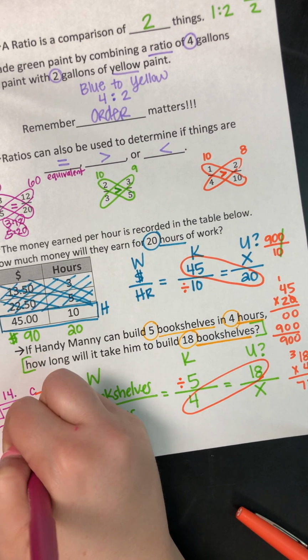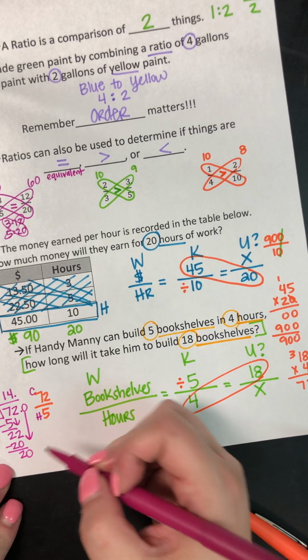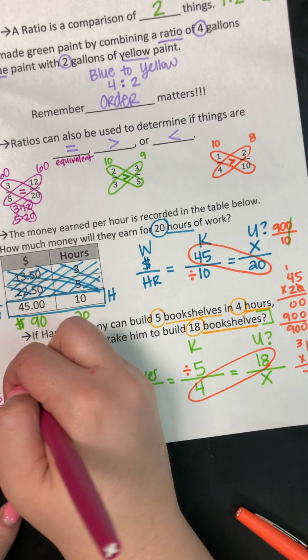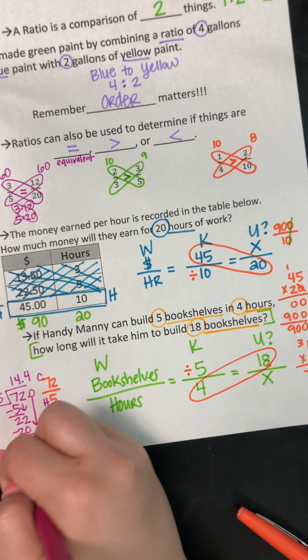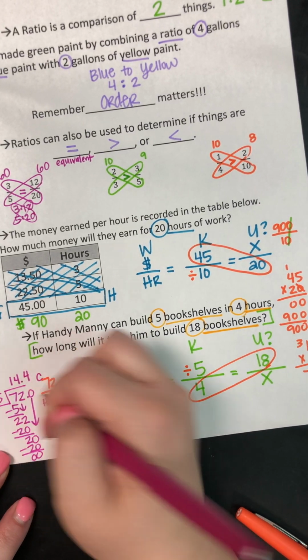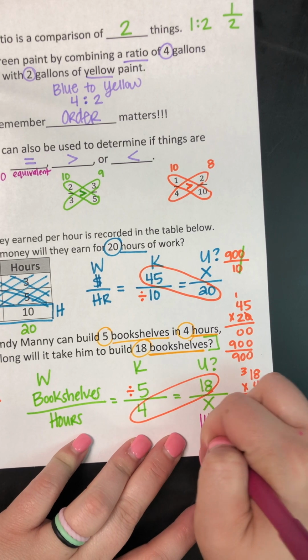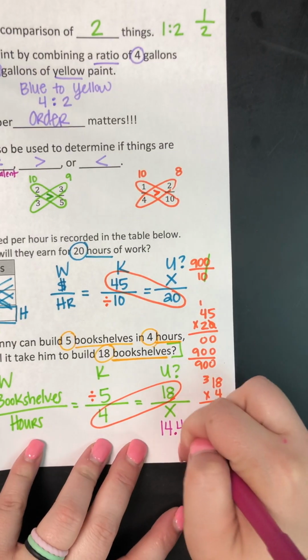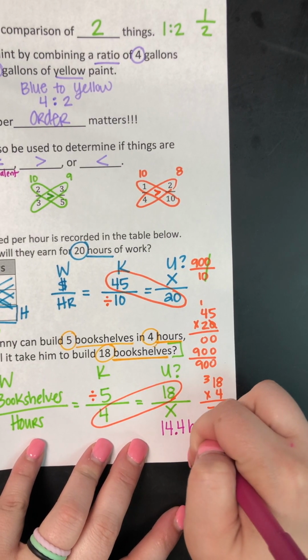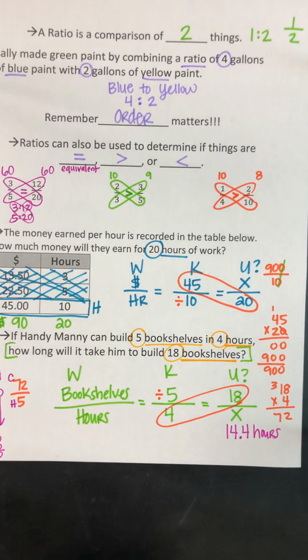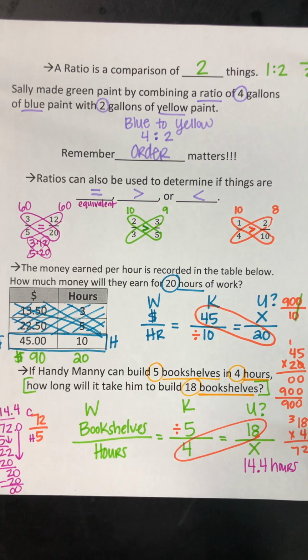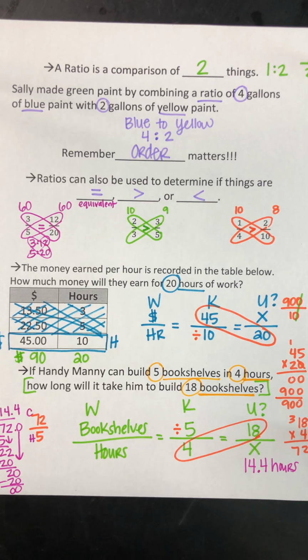We have to eat a donut. 5 goes into 20 4 times. And we zero out and we check, did we reach our decimal? Yes. So it will take him about 14.4 hours to build those 18 bookshelves. So these are the different ways you'll see ratios and proportions with WKUs on the STAR test.